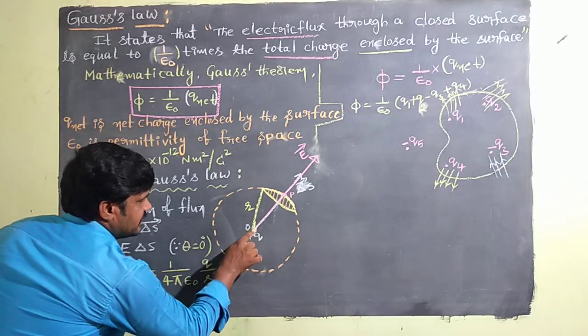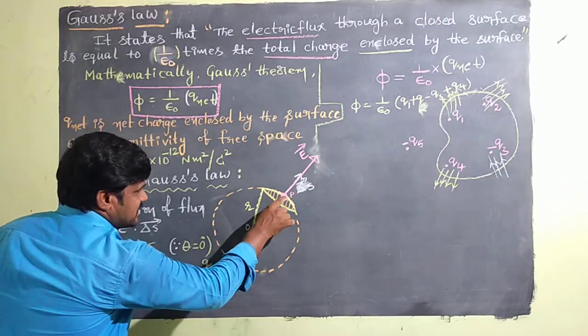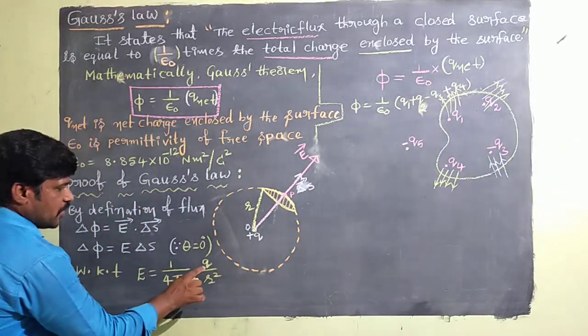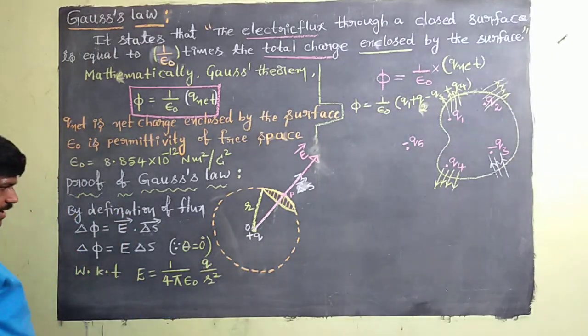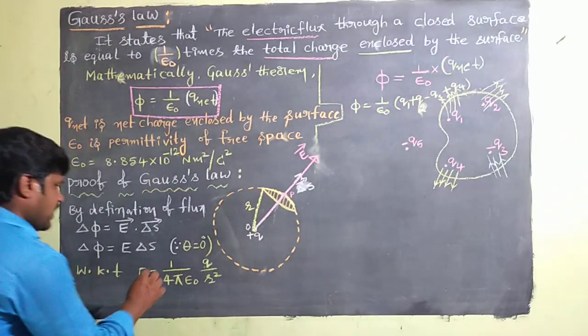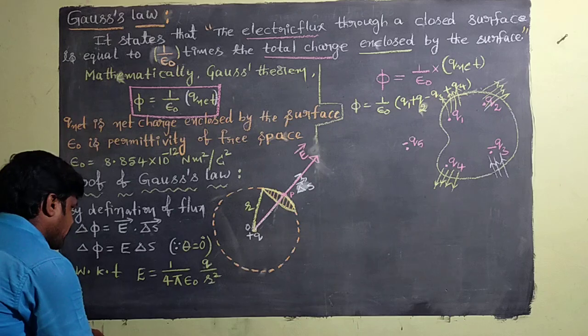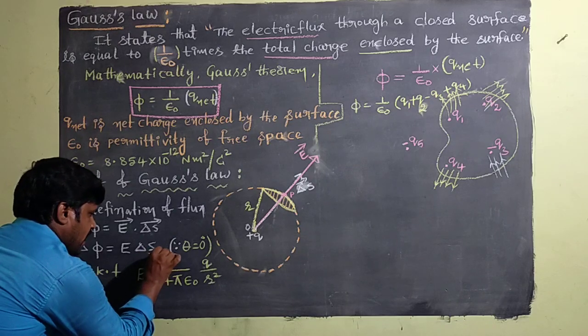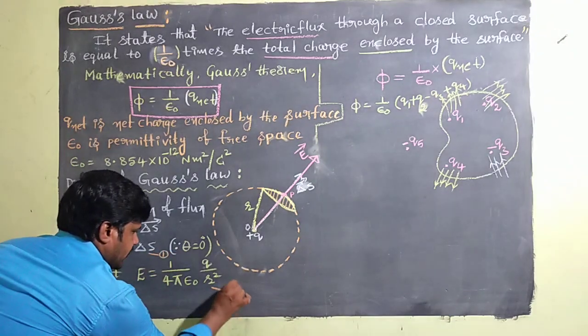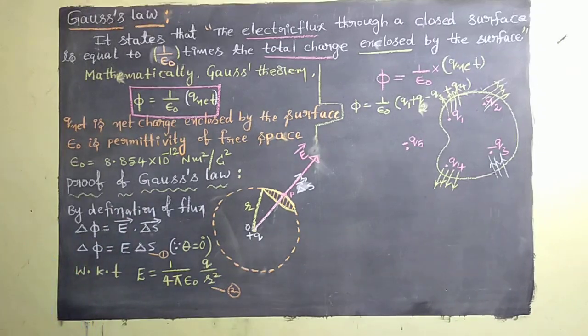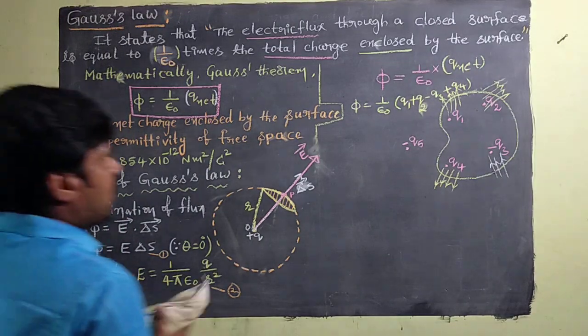R is the distance from the charge to the considered point, and q is the charge we have here. Take this as equation number 1 and this one as equation number 2.